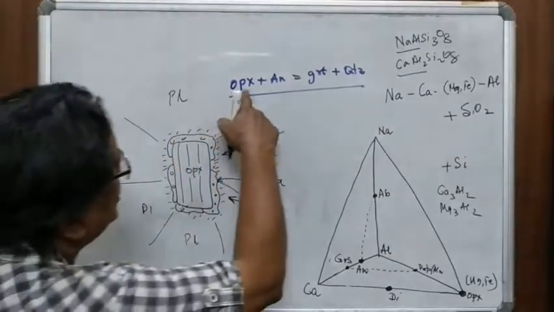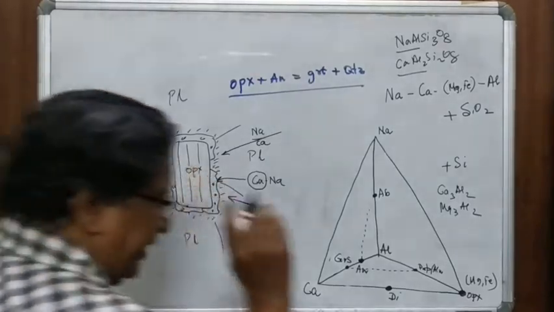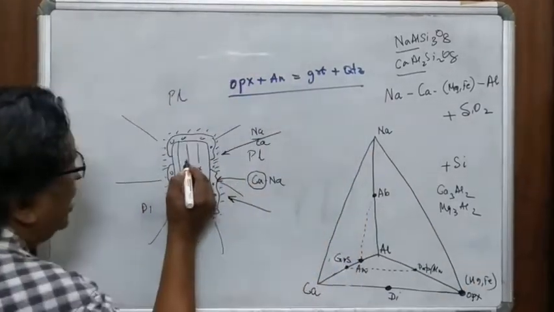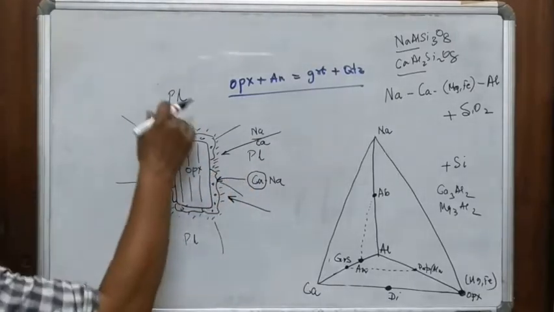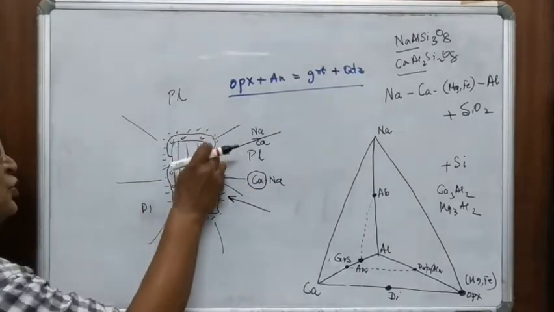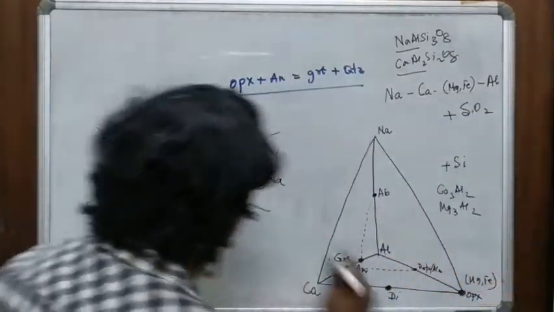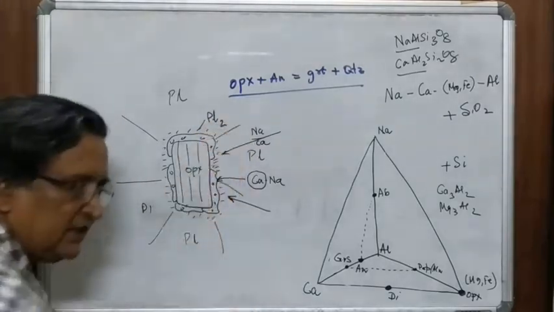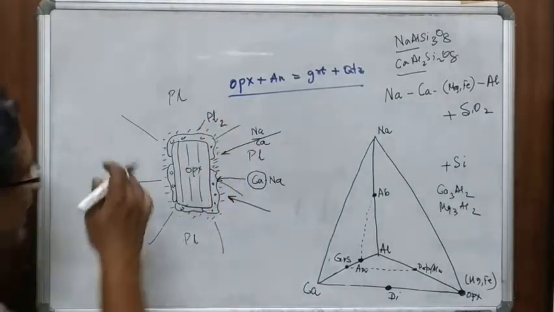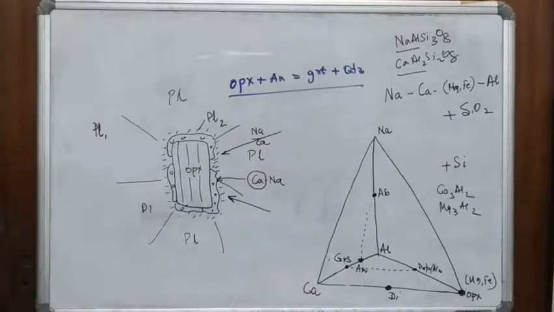What is the reaction? Orthopyroxene plus plagioclase. Okay, let us do one thing. In this diagram, the plagioclase close to garnet should be albitic, isn't it? That is what I said. So let's say we write, this is plagioclase 2. That means the product. So where is plagioclase 1? Somewhere here in the distance.